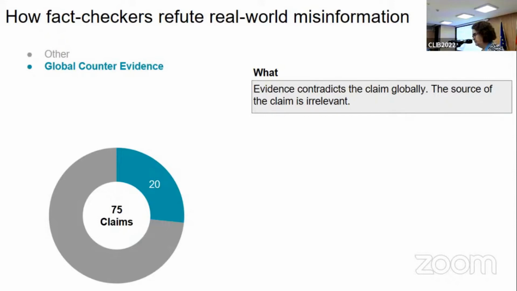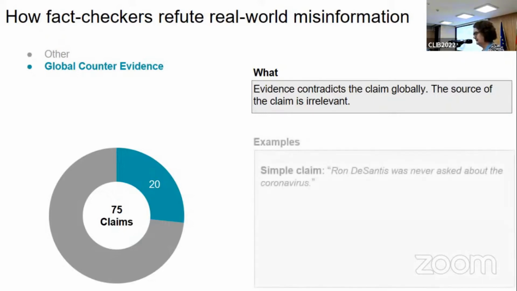Some claims are very simple, but most claims require complex reasoning, including not a single piece of information, as most NLP data sets assume, but finding and aggregating multiple pieces of information. This is so-called multi-hop reasoning. An example is: Ron DeSantis was never asked about the coronavirus.